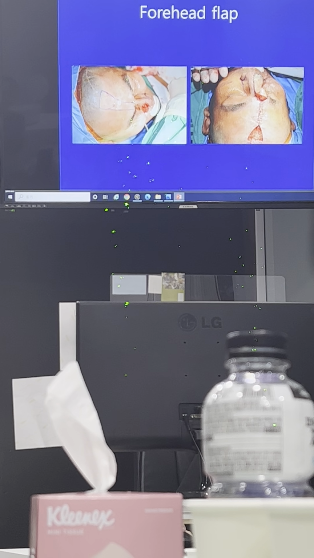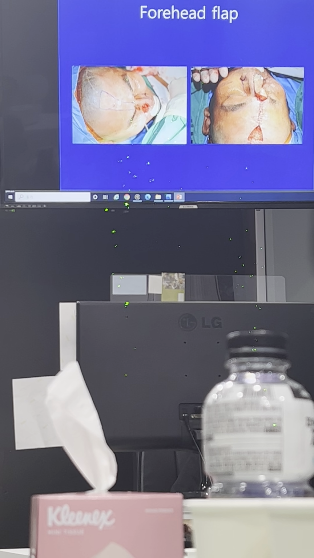But from maybe 1 centimeter above the supratrochlear artery, we need to dissect under the periosteum. The dissection plane is a little bit different: this area just subcutaneous, this area subgaleal, this area subperiosteal. After that, rotate it and cover the defect.